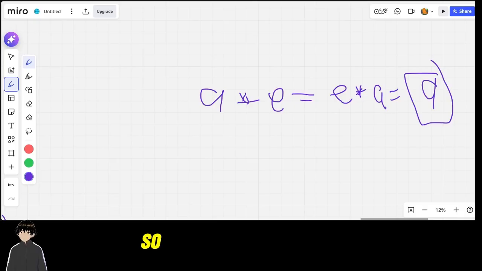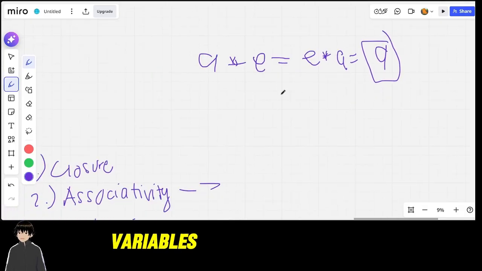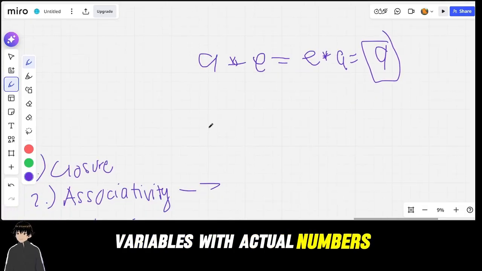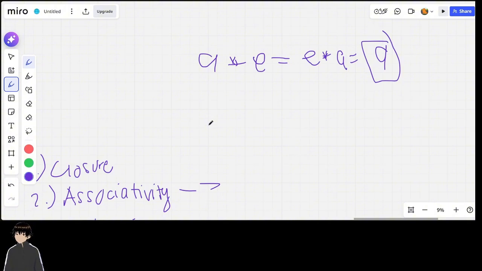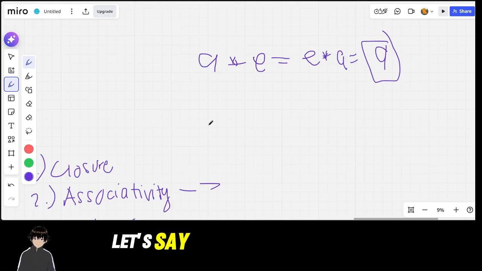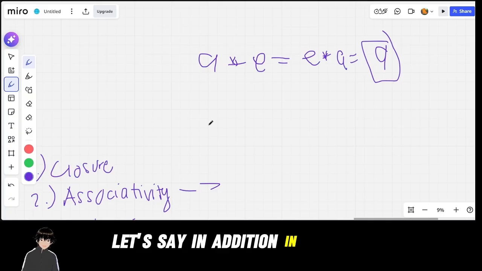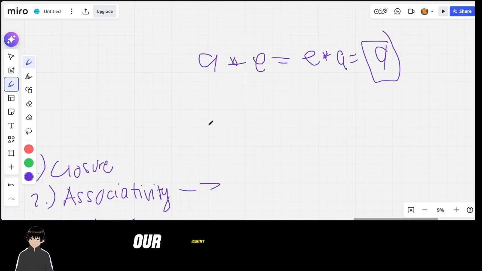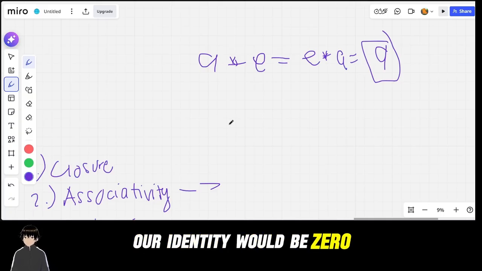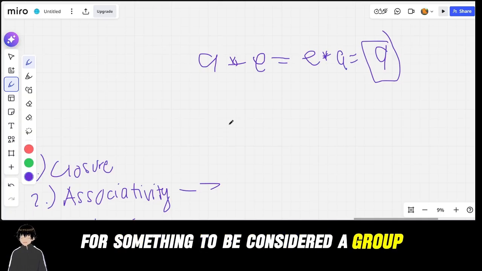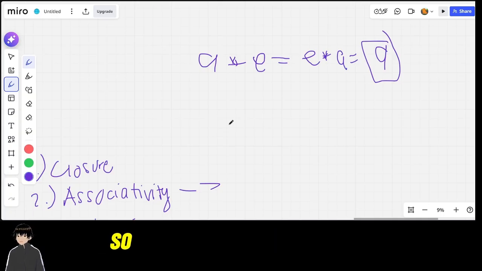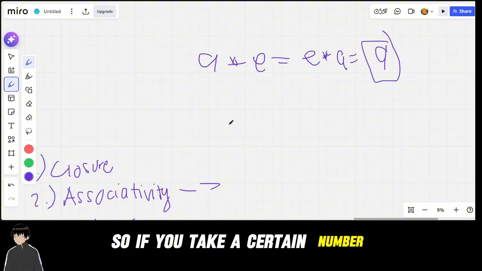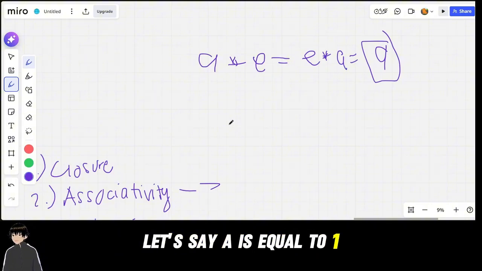So substituting those variables with actual numbers, let's say in addition, our identity would be 0 for something to be considered a group. So if you take a certain number, let's say A is equal to 1.